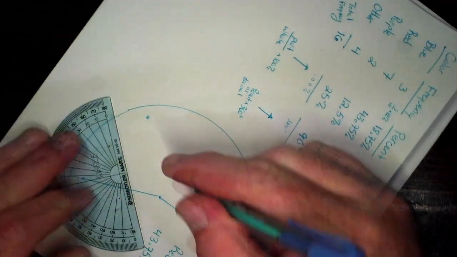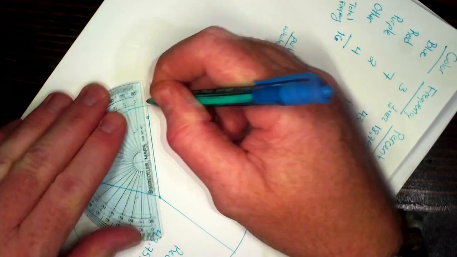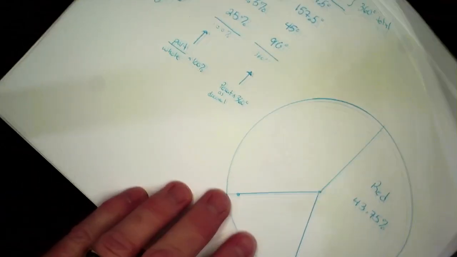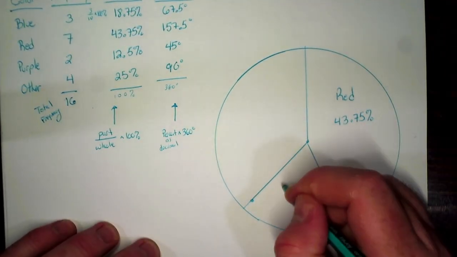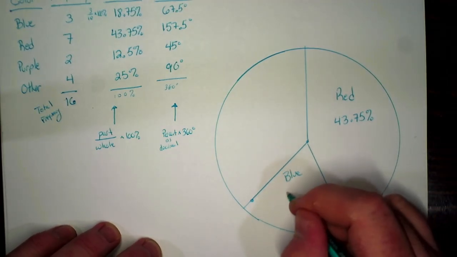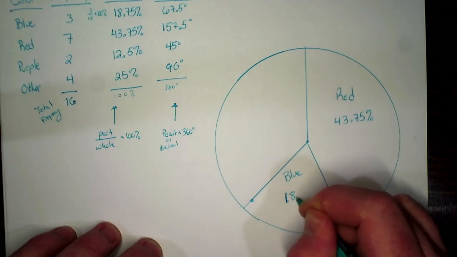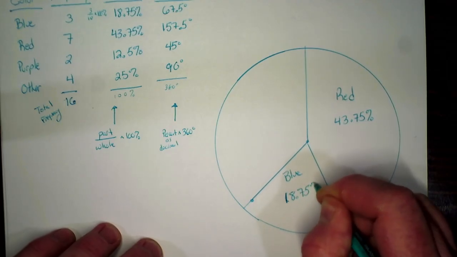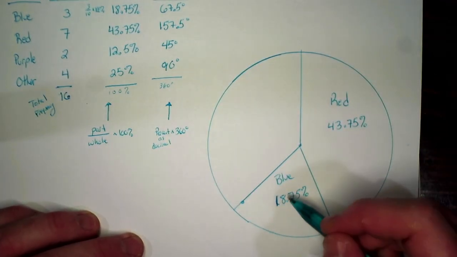And I'll draw a dot, and there's my next section. Okay, so I will label that blue, and then put in the percent as well. Percent was 18.75%.